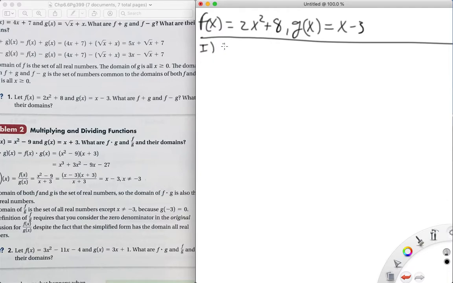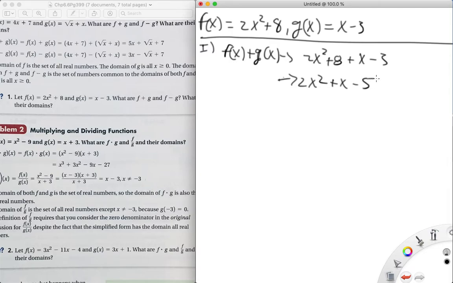So when we add them, it's going to be 2x squared plus 8 plus x minus 3. Simplifying that, it's going to be 2x squared plus x plus 5. So this is what happens when we add them.